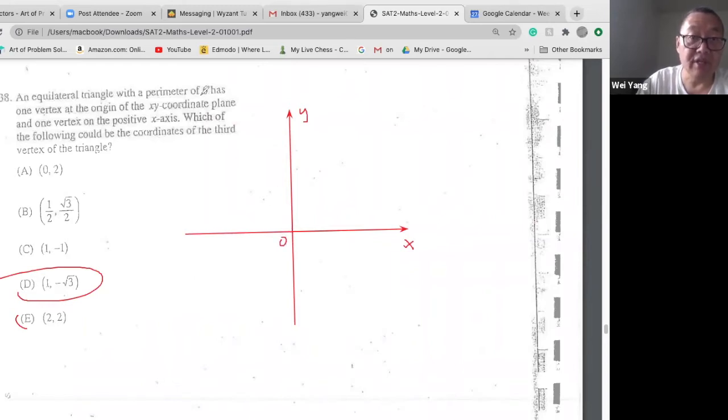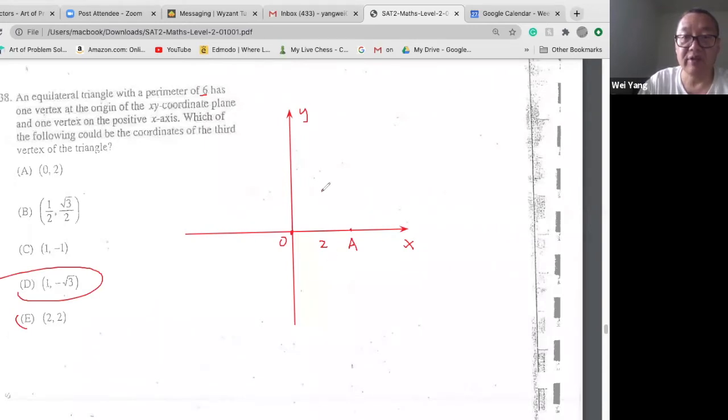Perimeter, that's 6. You have one vertex at the origin here, and another vertex on the positive x-axis, suppose here, that's 2. Suppose this one is A. Then another point either here or here, right?